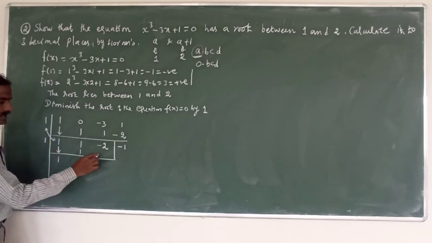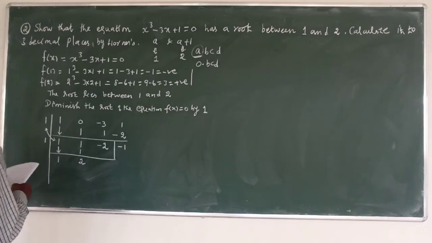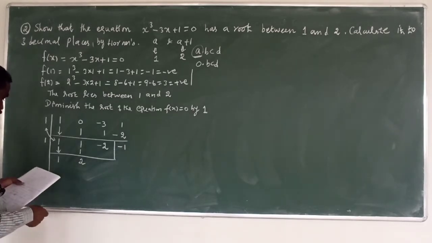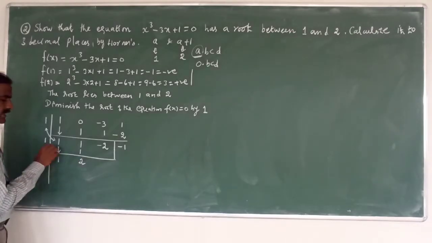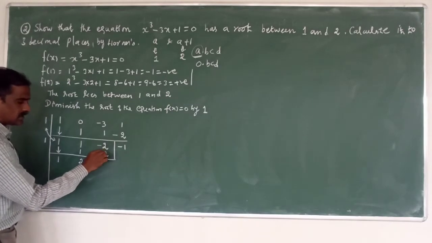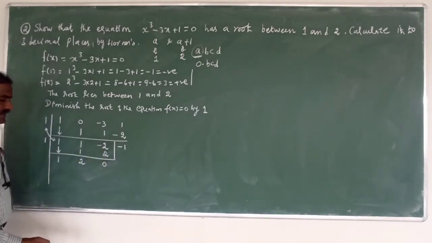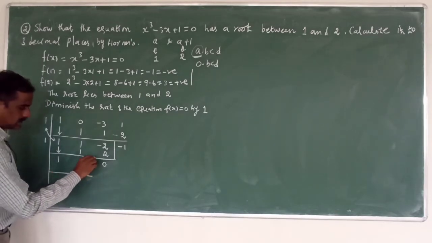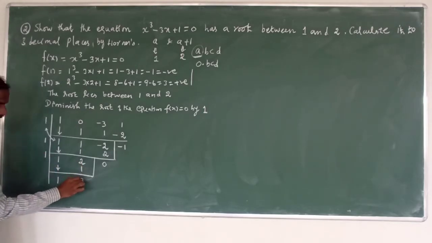Now multiply these two, 2. Now subtract these two, 0. And then this is for constant, we can leave that one. Again 1, we substitute here. 1 into 1, 1. This is for 3.